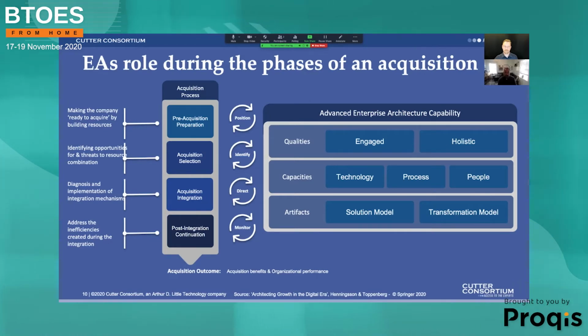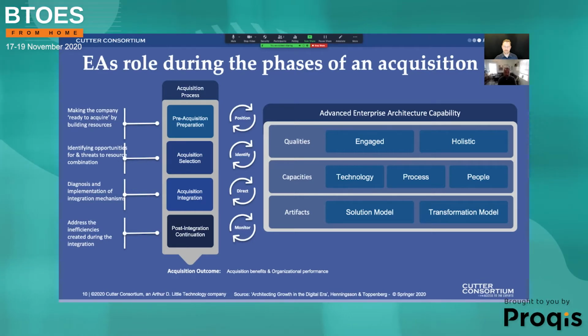In organizations that we've come in contact with, organizations that we've worked with and worked for, we found that certain EA organizations are actually focused very much on the business capability side, and both the business model and the operating model.